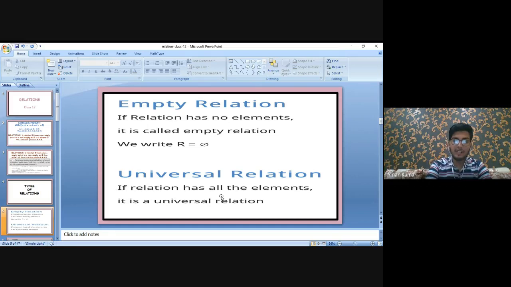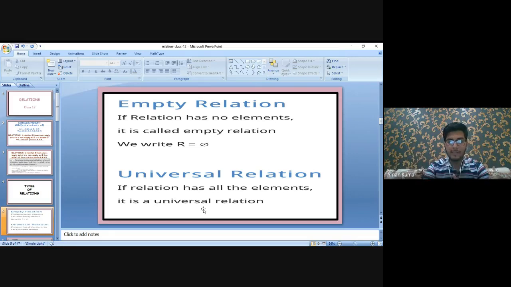Now coming to the next type, the universal relation. If the relation has all the elements, it is called a universal relation. Suppose I have a set A and a set B. The relation will be a subset of A cross B. If all the elements of A cross B are in the relation, then that relation is called a universal relation.